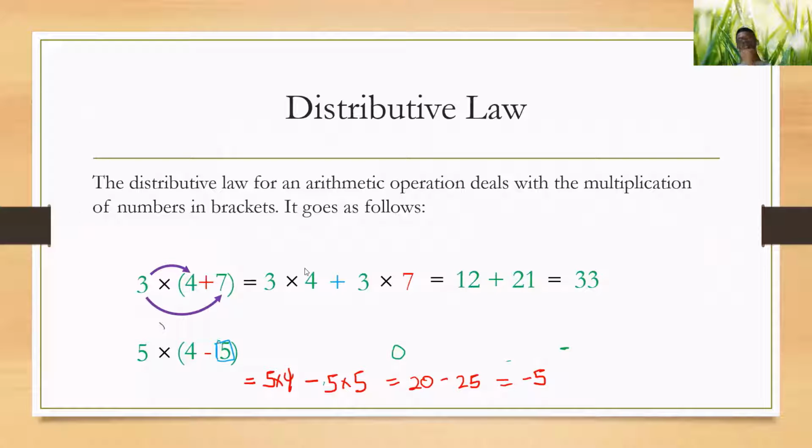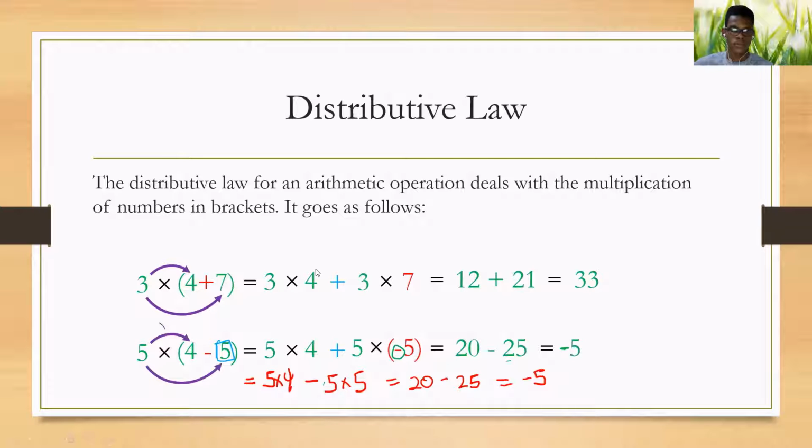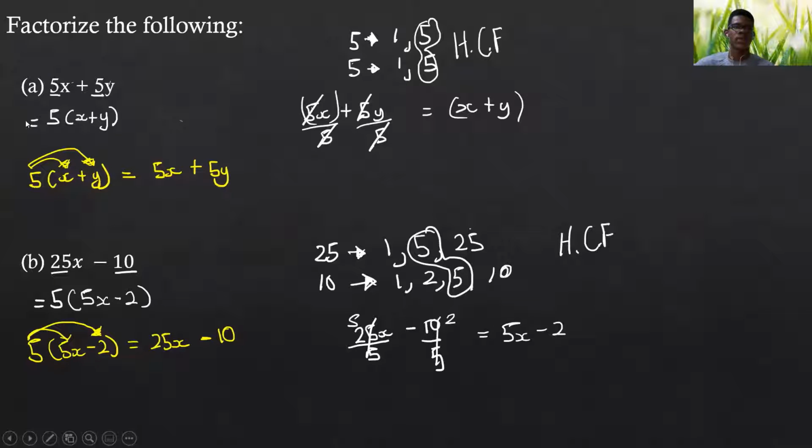All right, as I was saying, the last time we went through the distributive law, and from factorization you'll notice that factorization is basically going backwards in terms of the distributive law.